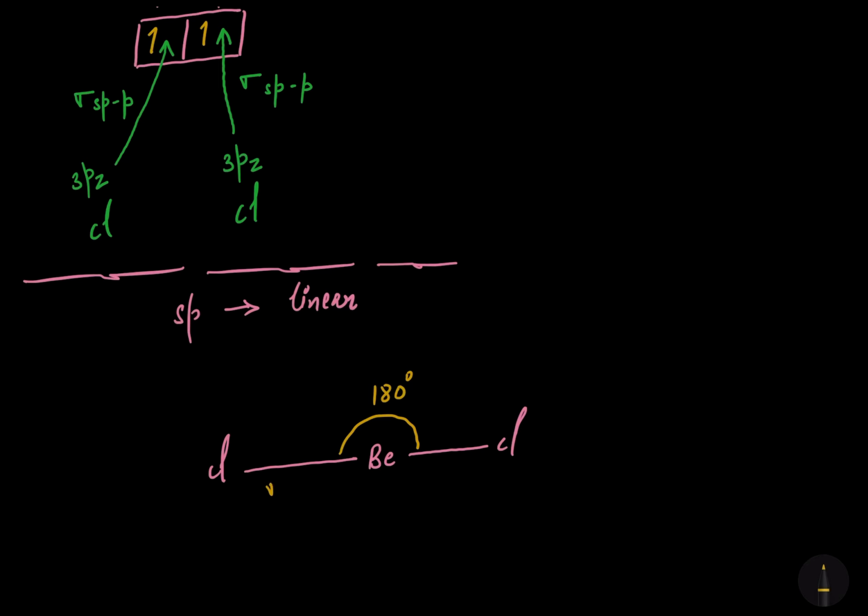That's the sigma bond between the sp hybrid orbital of beryllium and a p orbital of chlorine, and that's also a sigma bond formed by the overlapping of the sp hybrid orbital of beryllium with the p orbital of chlorine. So we got the two sigma bonds and its structure is linear.